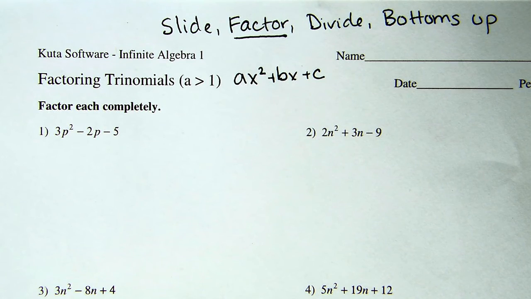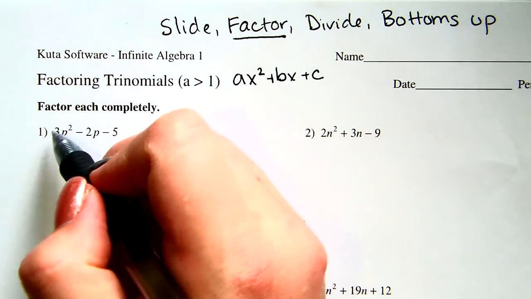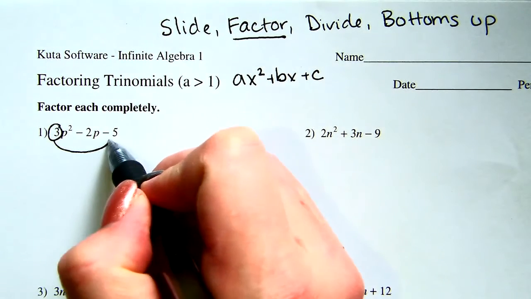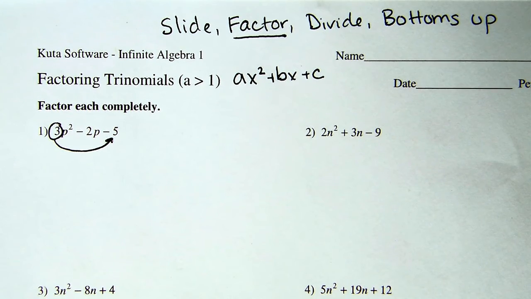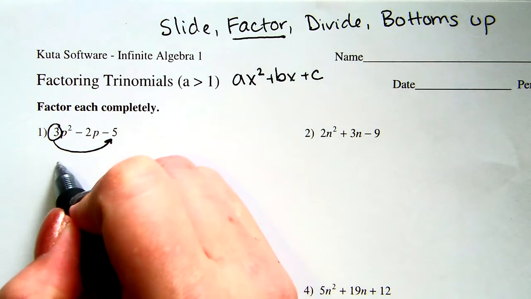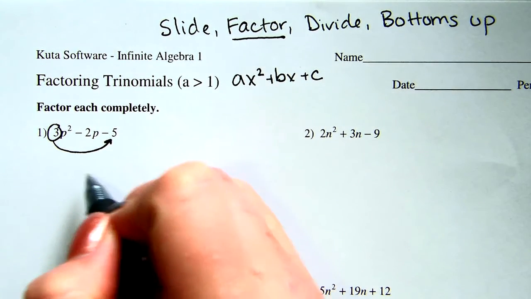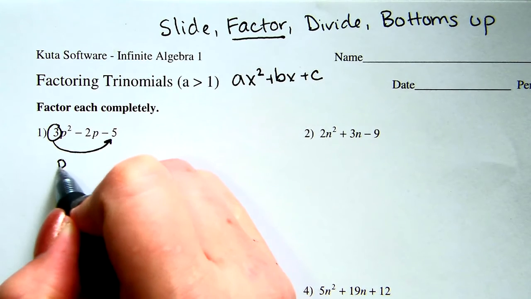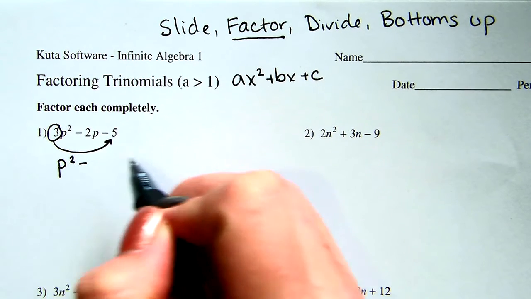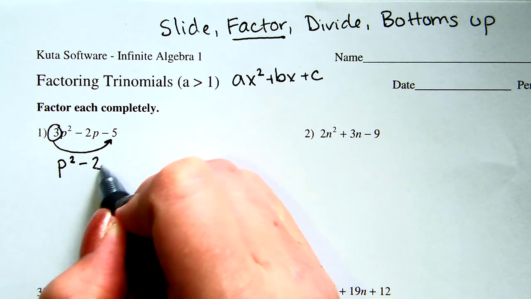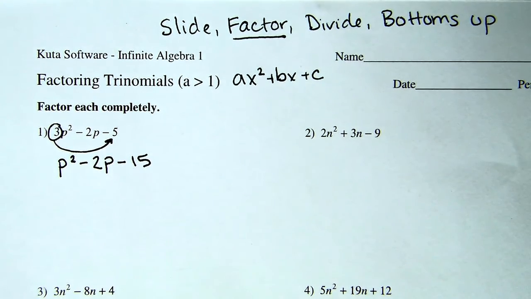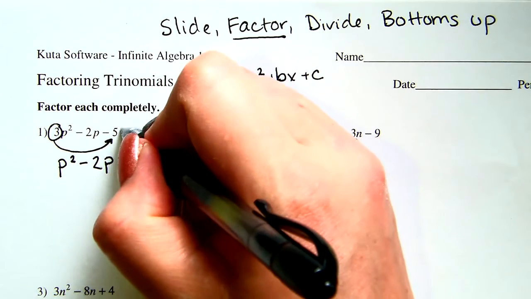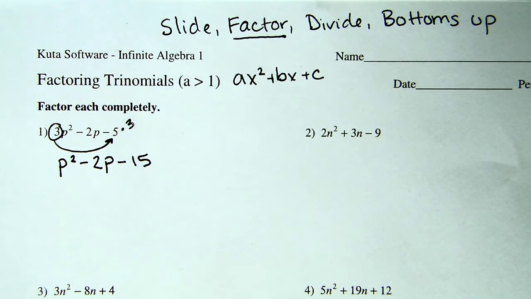Okay, so to begin with today, we're going to start out by multiplying our 3 by our 5. This is the slide of slide, factor, divide, and bottoms up. So I'm going to multiply 3 times 5, and that's going to give me 15. So I actually have the polynomial of p squared minus 2p minus 15. Because once again, this is 5 times 3.